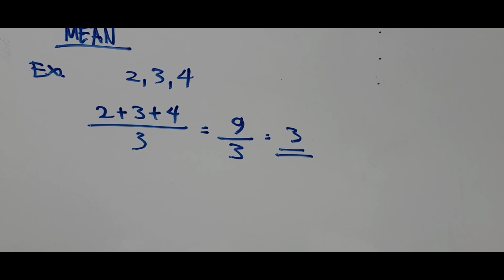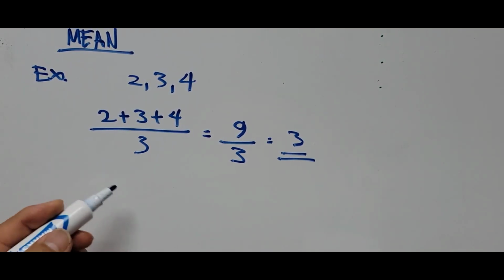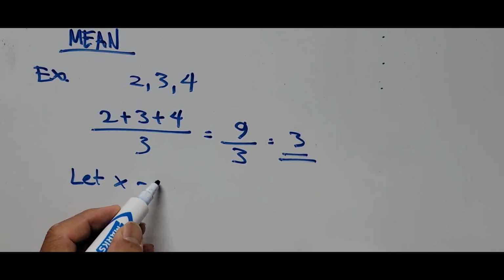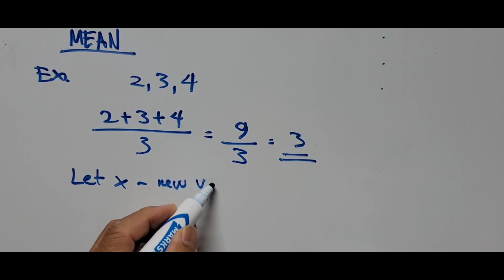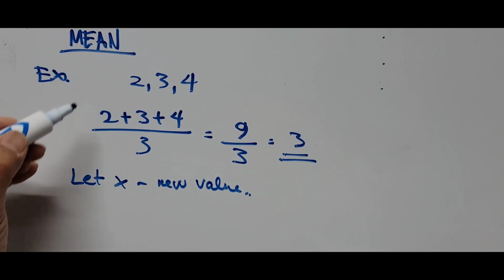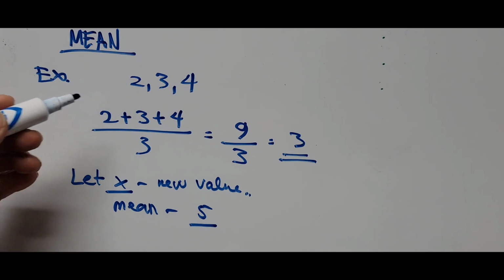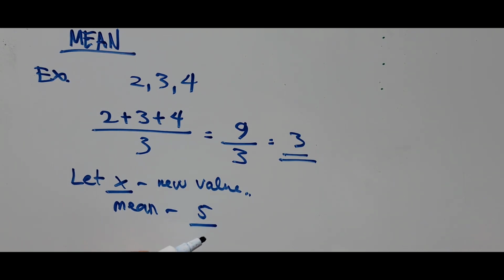Let x be the new value added to the data set of 2, 3, and 4 so that the new mean will be 5. Find the value of x added to that set of values. So now we start using algebra to find that.